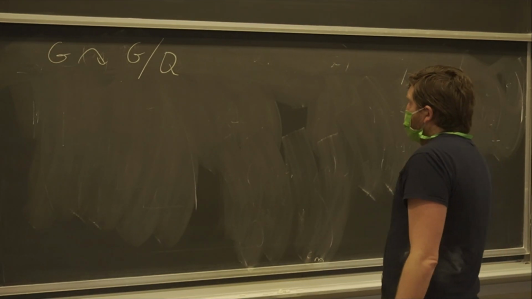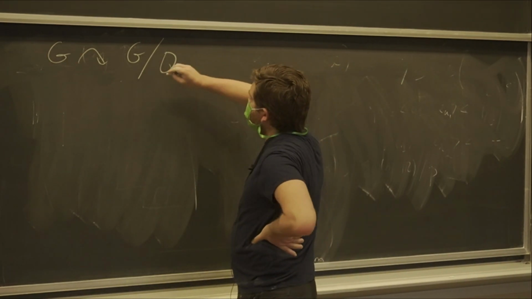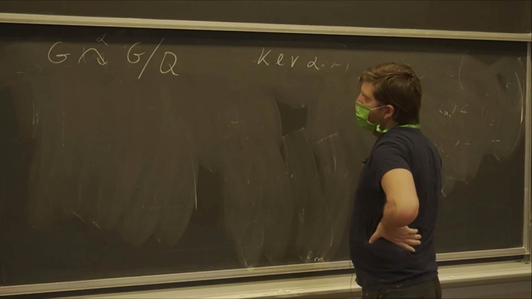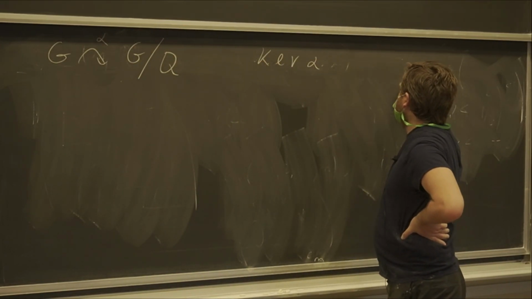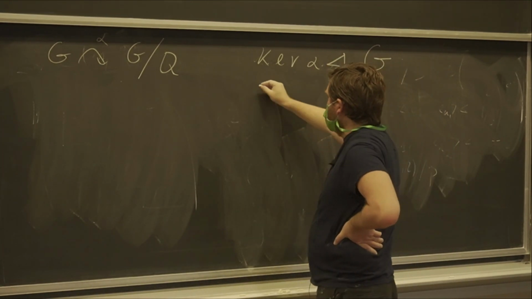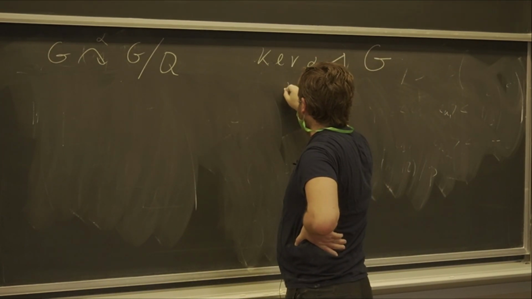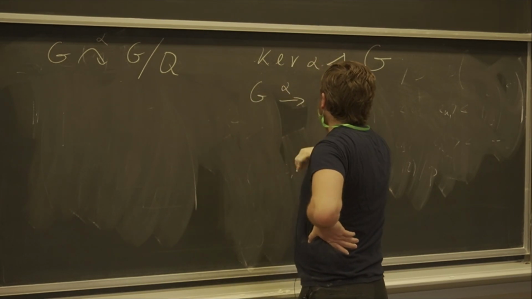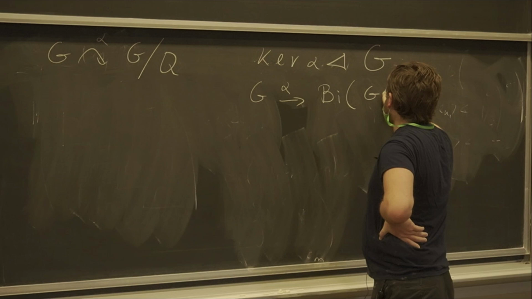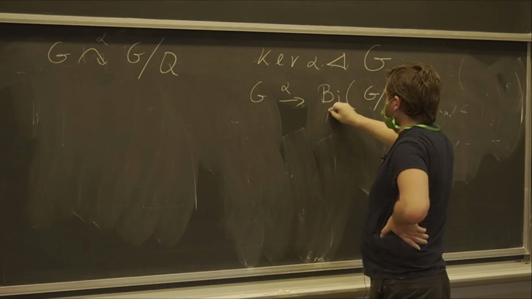Okay, we have this action and we have this kernel, so I call it alpha. This is a normal subgroup of G, because it's just naturally this alpha induces a homomorphism from this, which is just bijections.